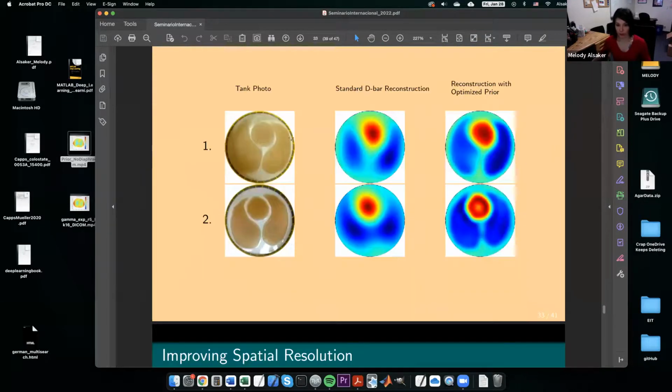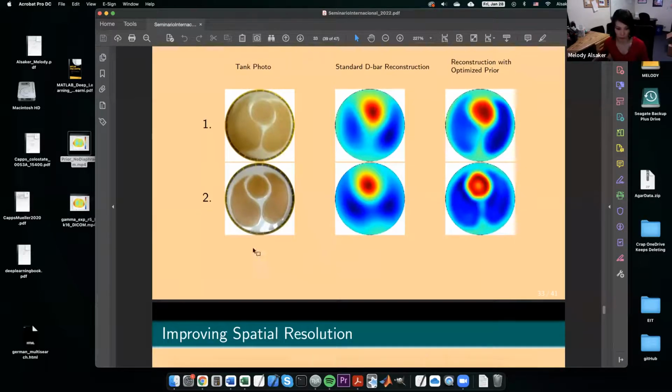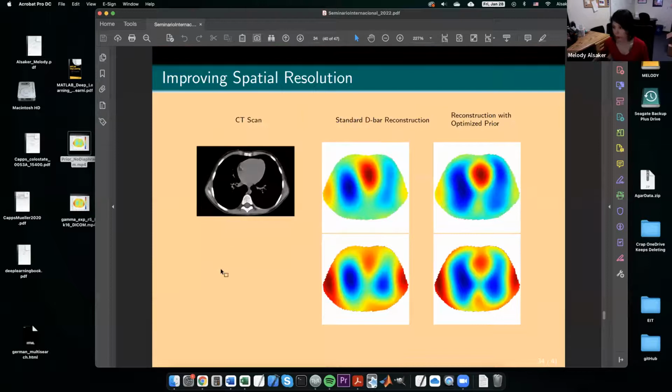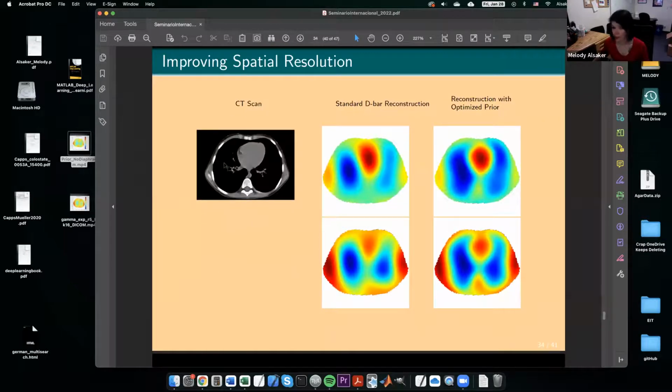So here's a couple examples of the type of improvement that we can get from that. Here's the original image, the tank photo. Here's the standard dbar reconstruction, and here's the improved reconstruction with the a priori data. So it's a sharpening procedure. Here's some human data of the same kind of idea.